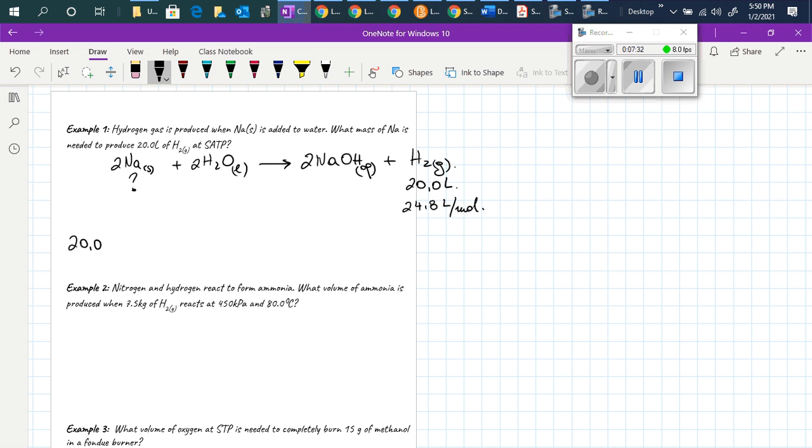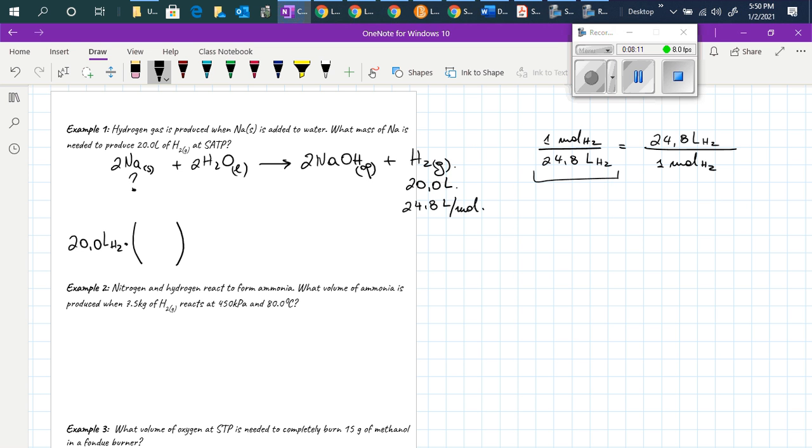So start with what is given. 20 liters of hydrogen. This 24.8 liters per mole means 1 mole, and in this case of hydrogen, is occupying 24.8 liters of hydrogen. Or if 24.8 liters of hydrogen are occupied, then we have 1 mole of hydrogen, but it's for any gas.